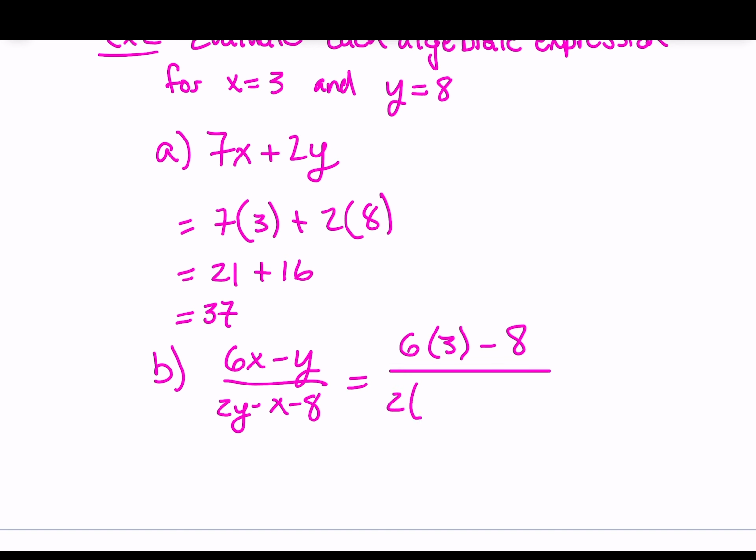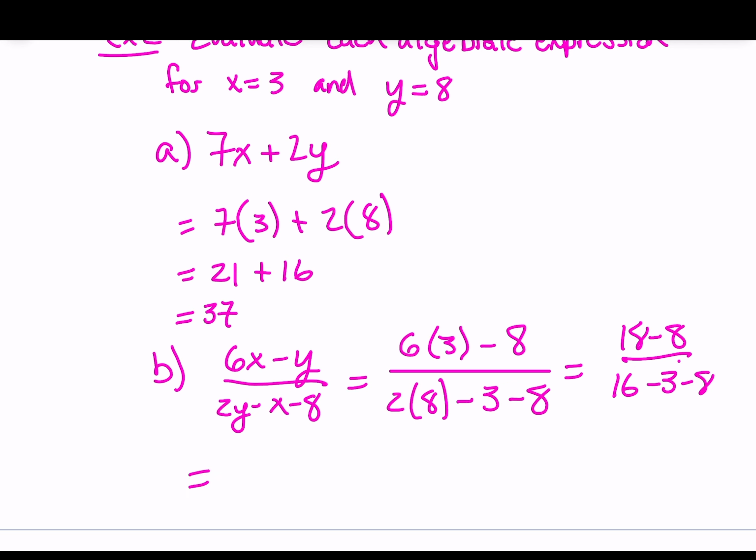We have 2 times y, which is 8, minus x, which is 3, minus 8. Okay, so we'll do the stuff in the numerator first. 6 times 3 is 18 minus 8. We look in the denominator. 2 times 8 is 16 minus 3 minus 8.